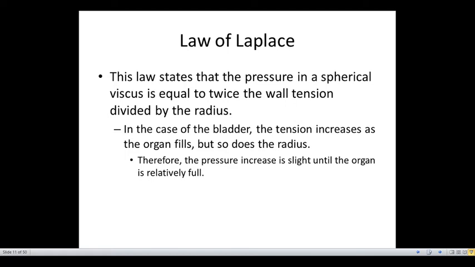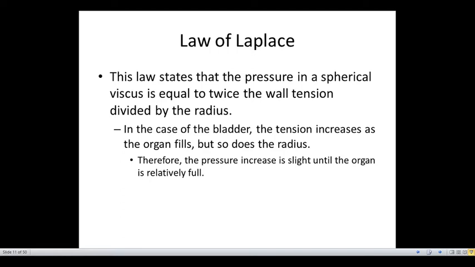The law of Laplace states that the pressure in a spherical viscus is equal to twice the wall tension divided by the radius.